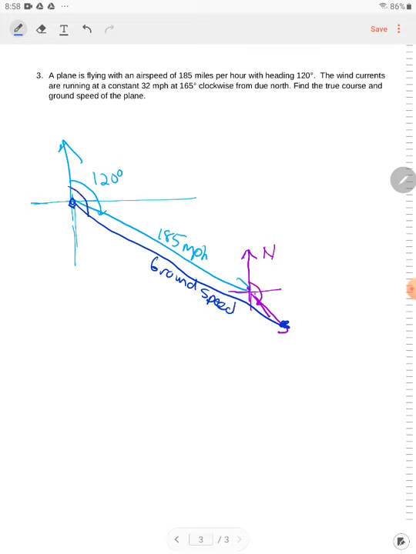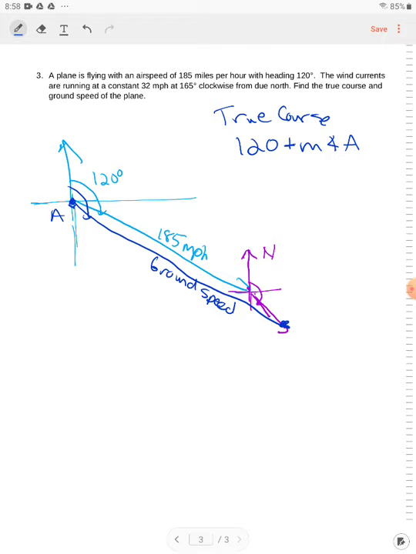So that's going to be this angle here. If you notice, your true course is going to be 120 plus, let's call this A here, plus the measure of angle A. So we have to find 2 pieces of information. We have to find the ground speed, and we have to find the angle.